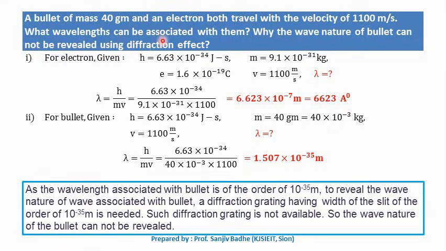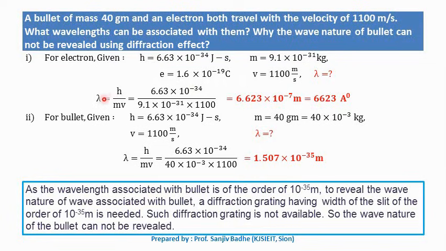So first let us calculate the wavelength of the wave associated with the electron. We know for electron, mass of the electron is 9.1 into 10 raised to minus 31 kg. Planck's constant value we know, 6.63 into 10 raised to minus 34 joule second. Charge on the electron is 1.6 into 10 raised to minus 19 coulomb, and the velocity of the electron is given as 1100 meter per second. Now we want to calculate the wavelength of the wave associated with the electron.